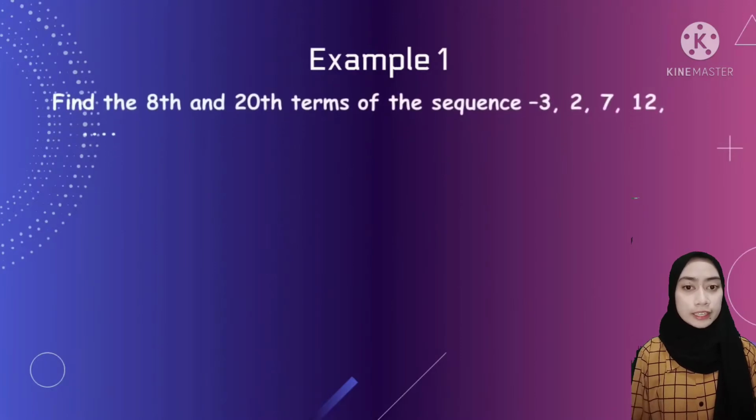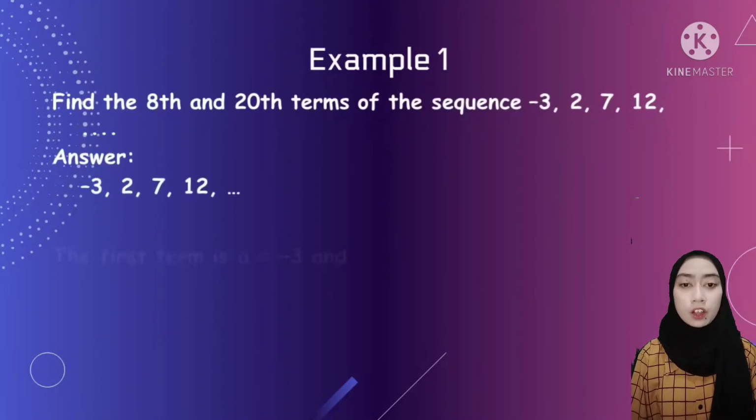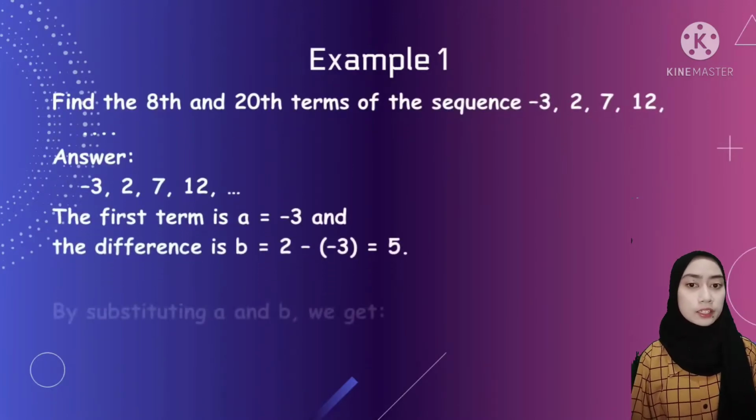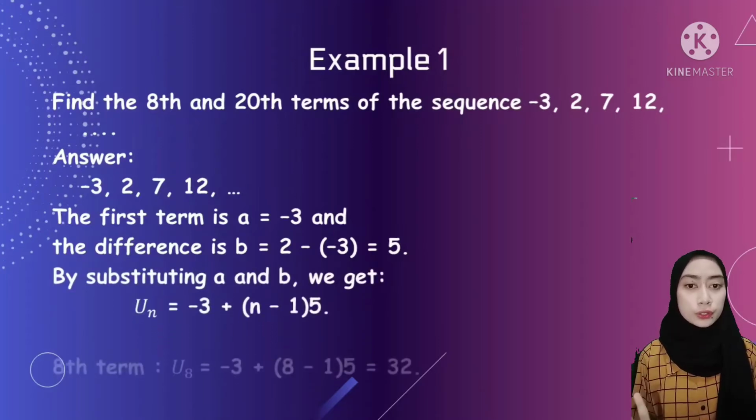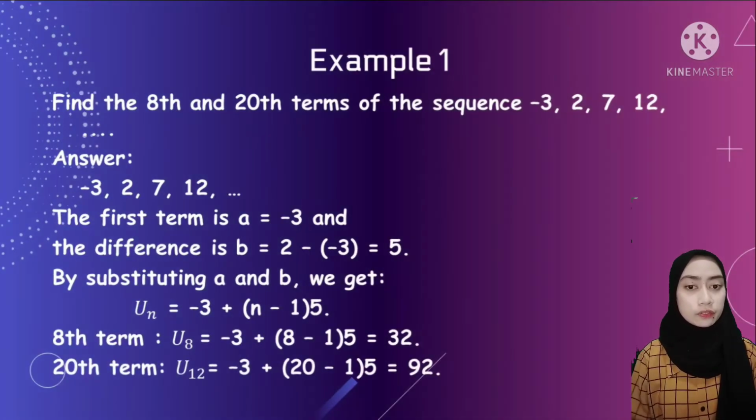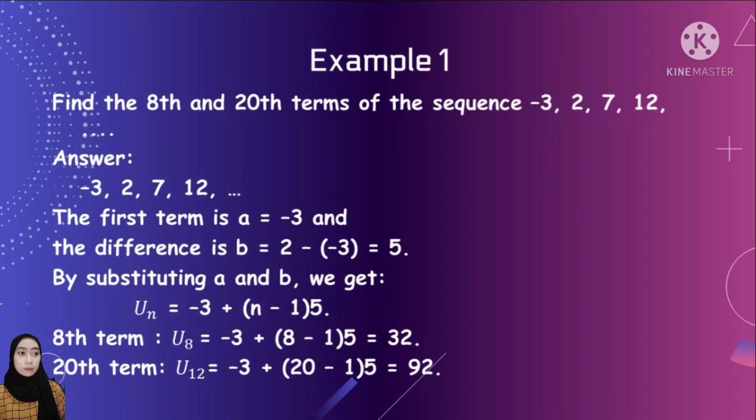Example 1. Find the 8th and 20th terms of the sequence of numbers minus 3, 2, 7, 12. Answer. From the numbers minus 3, 2, 7, 12, the first term is a equals minus 3. The difference is b equals 2 minus negative 3 equals 5.